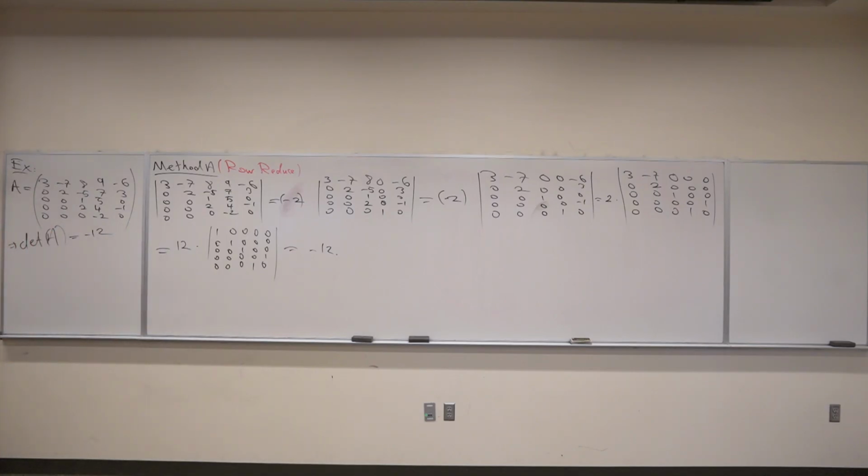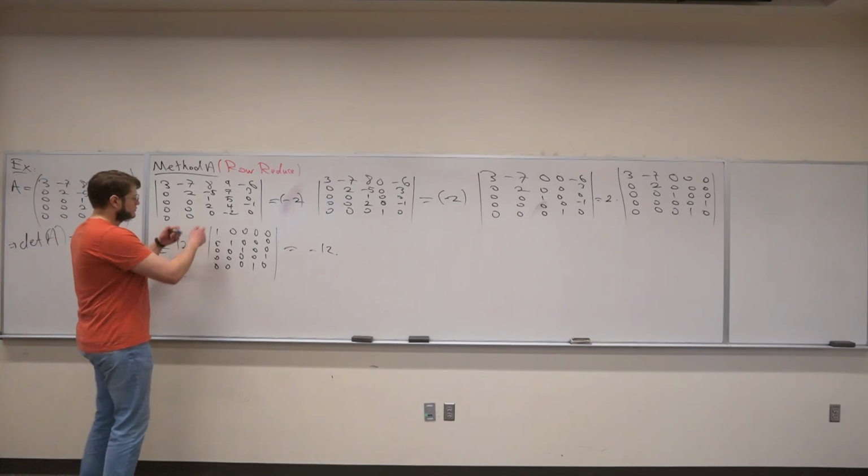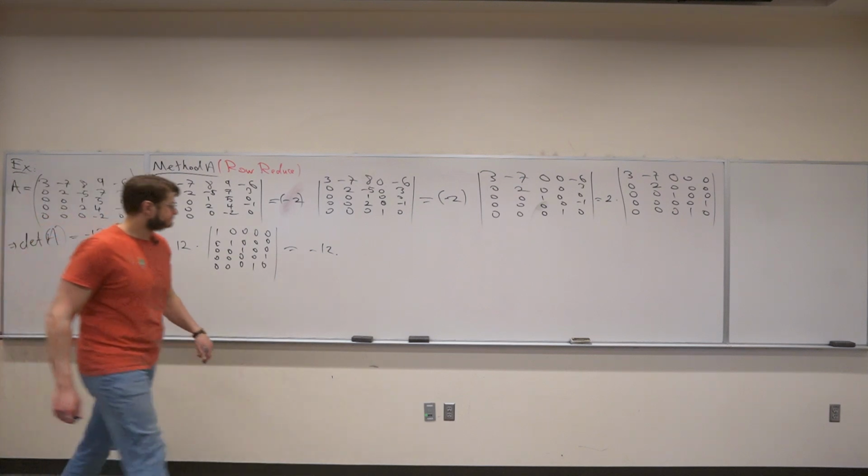Okay. If you're trying to do this faster, you probably would not be writing all of these steps. What you would do is something like this. Well, I'll write it on the side.